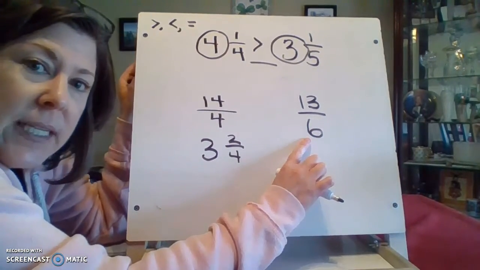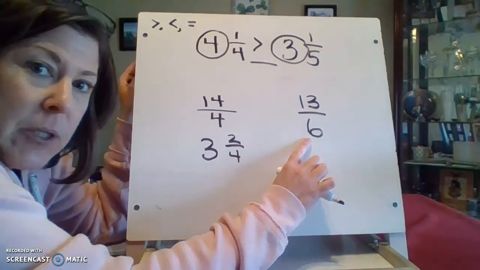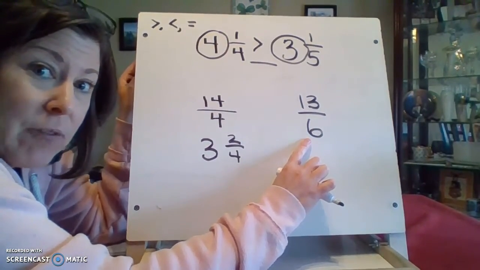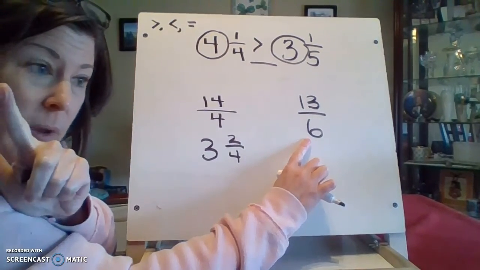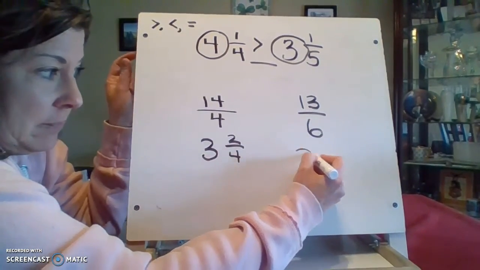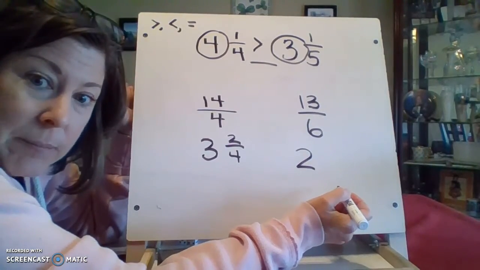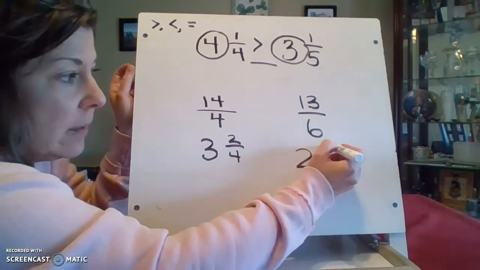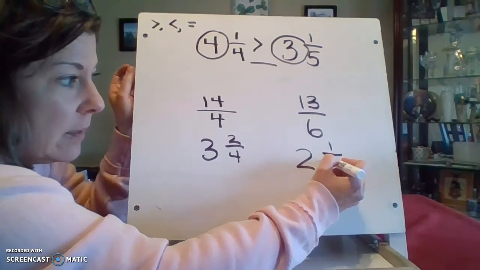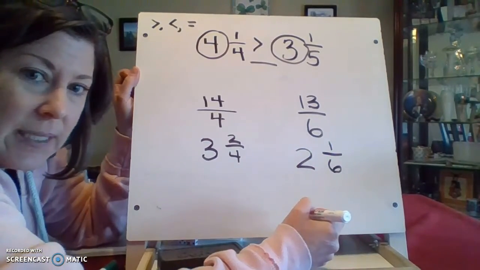When I look at 13 sixths, I think how many groups of 6/6 can I get from 13 sixths? 6, 12. I can get 2 of them. Well, I'm at 12/6. I still have 1 more because there's 13.